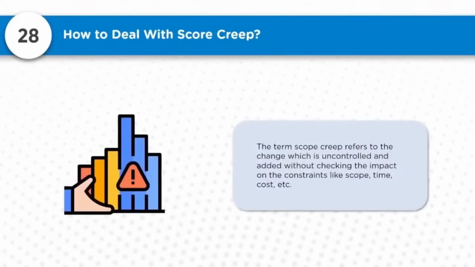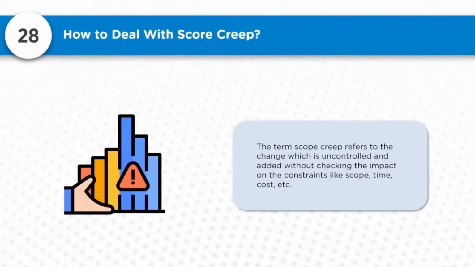Before we understand dealing with scope creep, we need to understand what scope creep is. The term scope creep refers to change which is uncontrolled and added without checking the impact on constraints like scope, time, and costs. What happens is you will be delivering certain features, and then you are forced, or influenced, or without your knowledge some additional things are put in place, which may have an impact later.